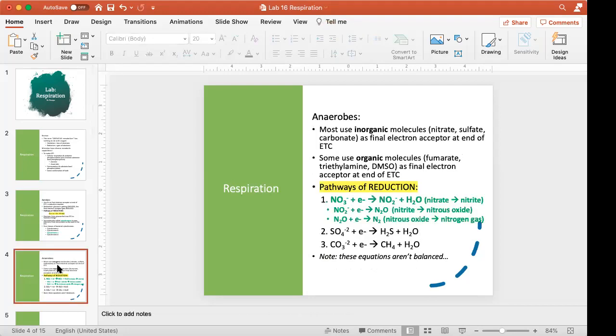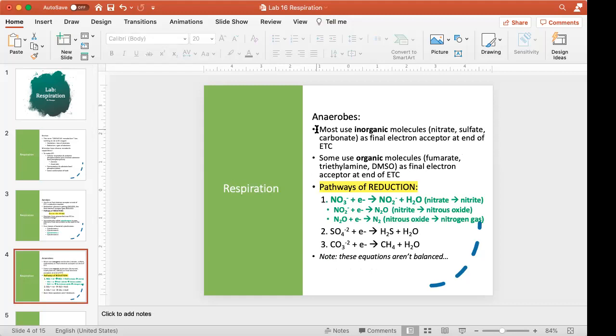Now, the anaerobes are very different because the anaerobes don't use oxygen as their final electron acceptor. They can use lots of different molecules. The most common final electron acceptors in anaerobic microbes are nitrate, sulfate, and carbonate.